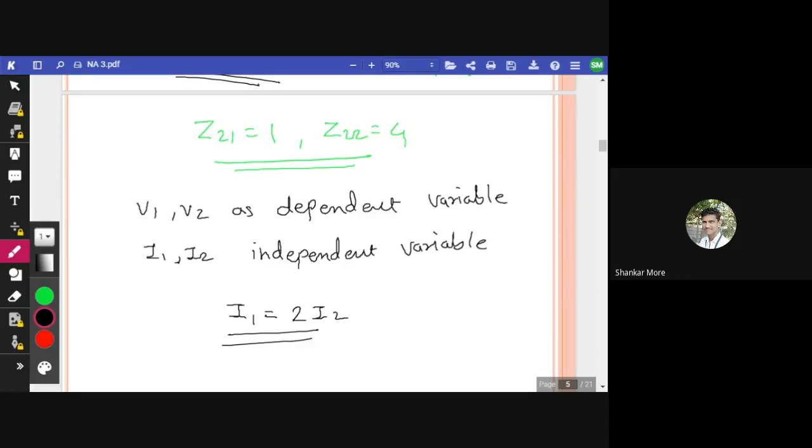So what is the basic condition? डिपेंडेंट वेरिएबल्स के बारे में हमें इतना केयर करने की जरूरत नहीं है, लेकिन इंडिपेंडेंट वेरिएबल्स में अगर कोई रिलेशन एग्जिस्ट करता है, so in that case we cannot calculate the parameters, any parameters, not only Z parameters. Okay, so अभी बाकी के parameters के लिए dependent और independent variables change होंगे.